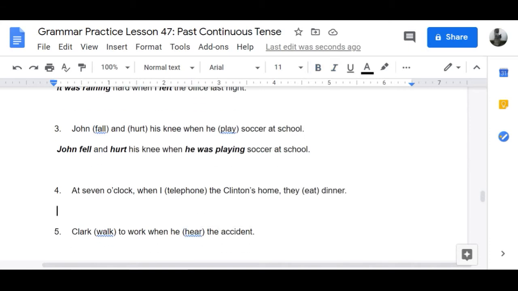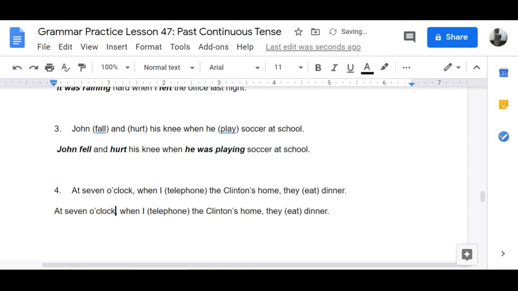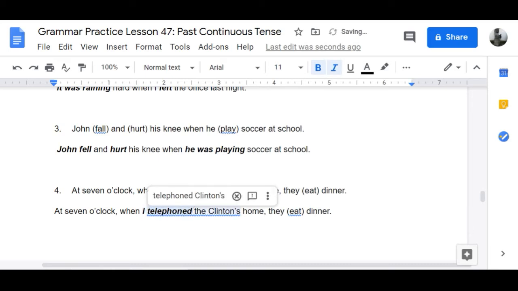Number 4. At 7 o'clock, when the Clintons home, they dinner. So don't bother them. Leave them alone. Don't push. At 7 o'clock, when I telephoned. Regular verb. I telephoned the Clintons' home.